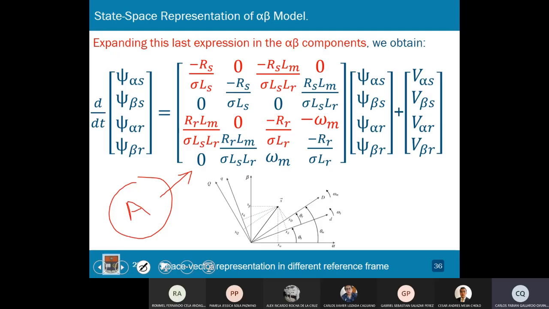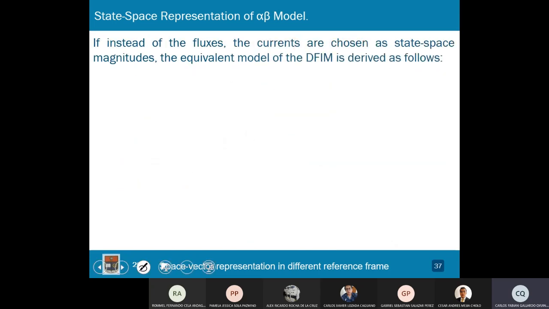But it's possible, instead of the fluxes, to use the currents. So I need a model as a function of the currents instead of the fluxes. So let's derive the model as a function of the currents. If the current is chosen as the state space magnitude, I will get a new model.